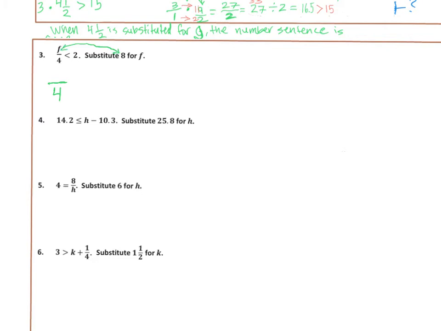So f is going to become 8. So this is literally equal to 8 over 4, okay, which is literally equal to 8 divided by 4, right? Following along here, and we'll put in our inequality symbol saying that 2 is greater than that. And then we all know, what is 8 divided by 4?